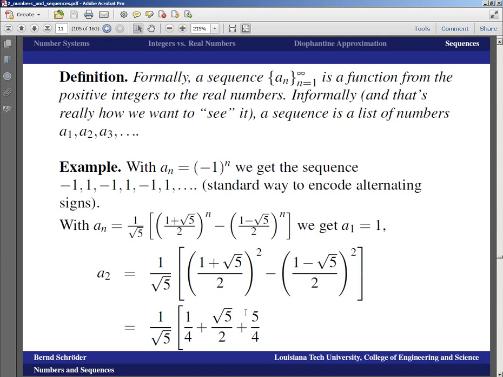And then we get root 5 over 2 squared, which is 5/4, minus, and here we get 1/2 squared, which is 1/4, 2 times 1/2 times negative root 5 over 2, which ends up being negative root 5 over 2, and negative root 5 over 2 squared, which is 5/4. And when we look at that, the 1/4 cancels with the 1/4, the 5/4 cancels with the 5/4, root 5 over 2 minus negative root 5 over 2 gives us root 5 again, and divided by root 5 gives us 1. Okay, so there's another integer.